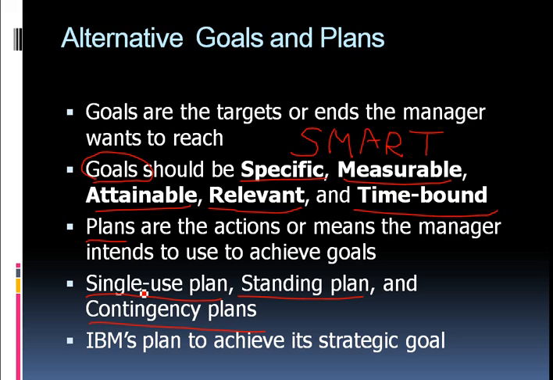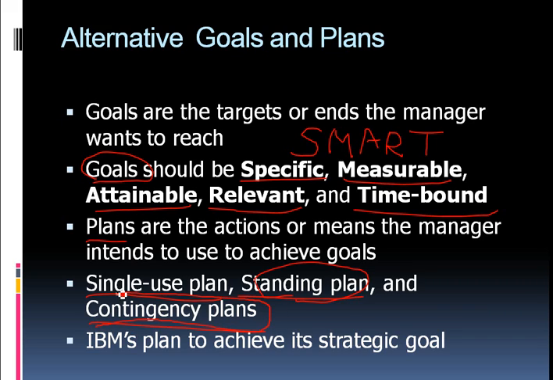After that, you are not going to use that plan again. But the standing plan is a plan about a repetitive event, and that is the plan you will use for a long time and repeatedly.